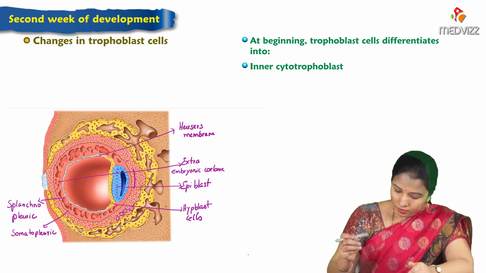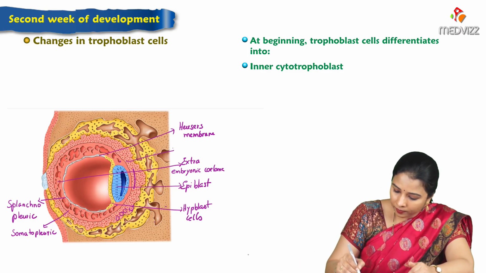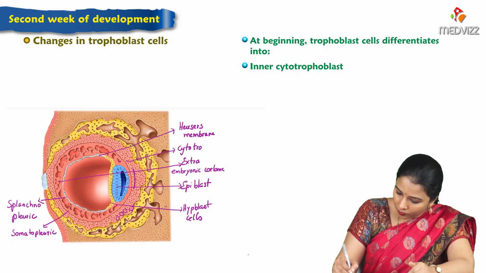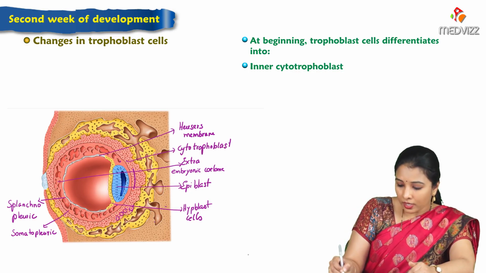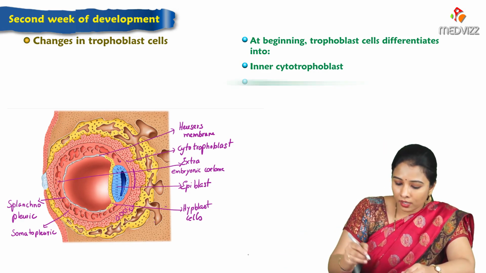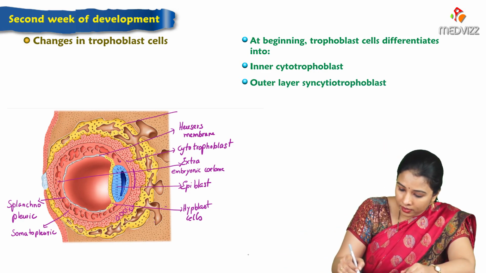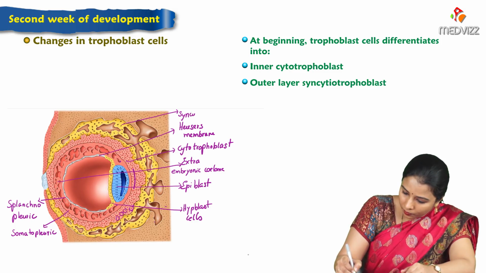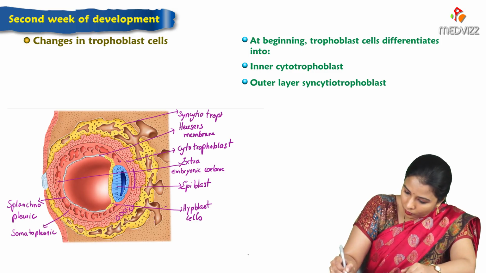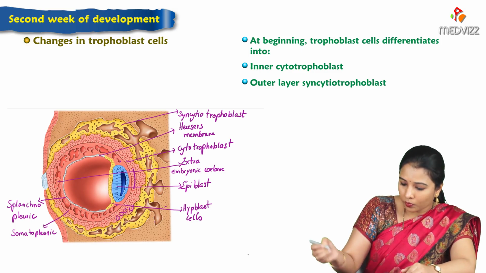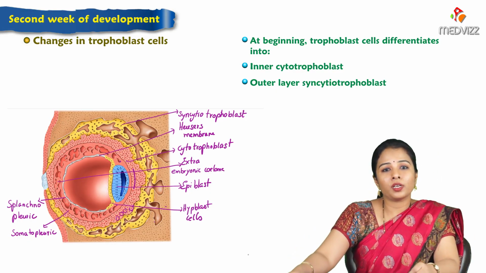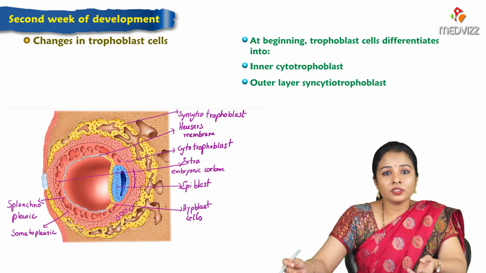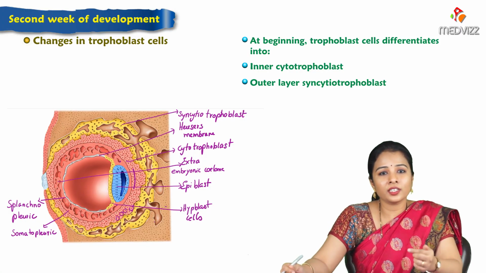This cellular layer is the cytotrophoblast, and the outer layer is the syncytiotrophoblast. So what is the difference between cyto and syncytio?